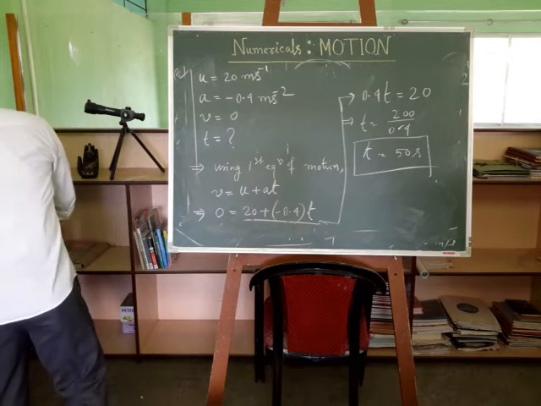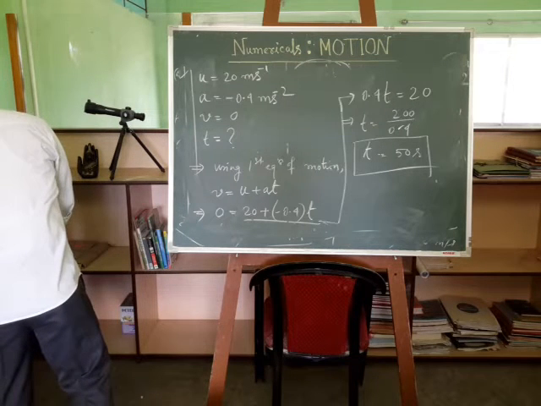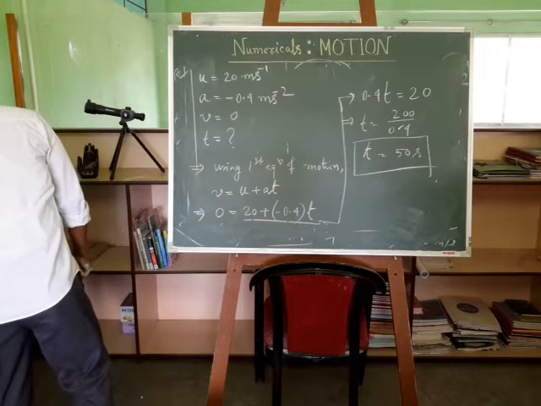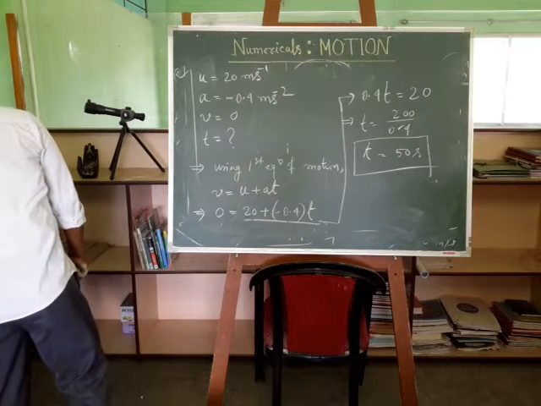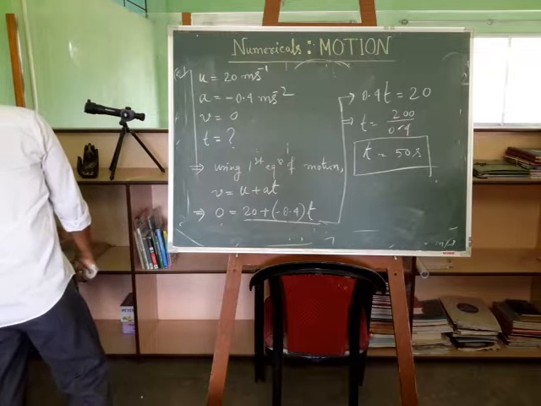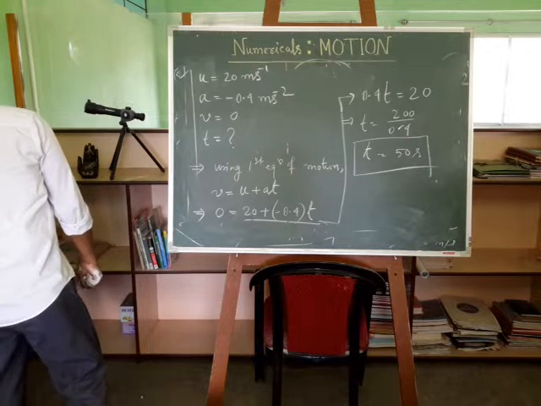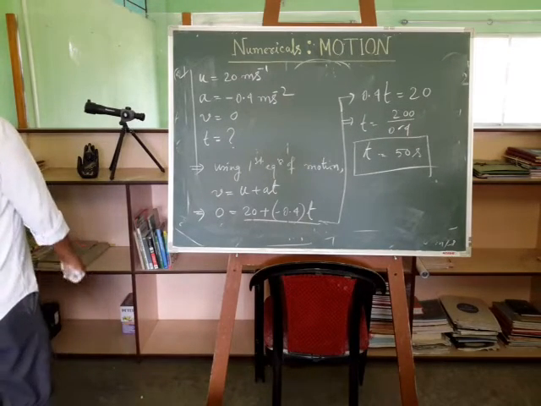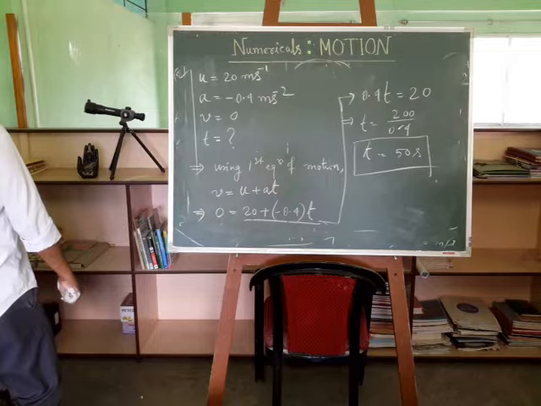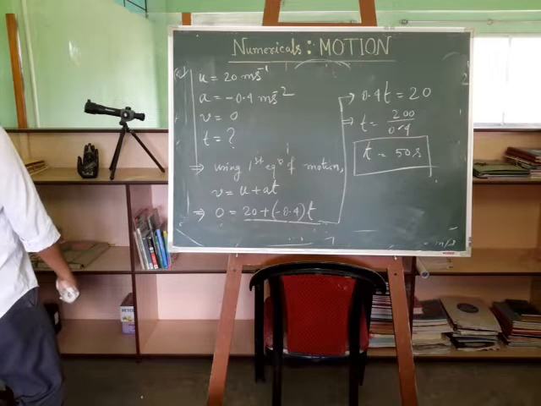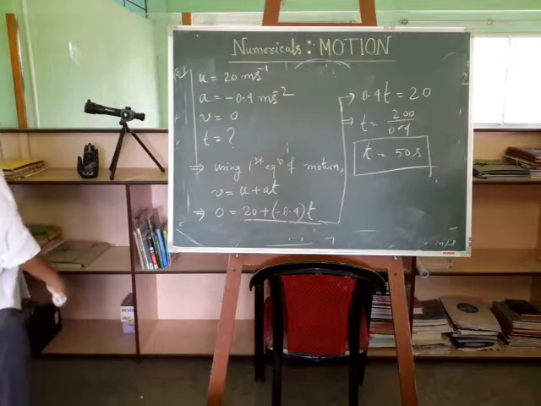What is the next interesting problem? Alright, a car is traveling with a speed 20 km per hour, velocity is increased to 30 km per hour in 5 seconds, calculate the acceleration and the distance covered by the car.